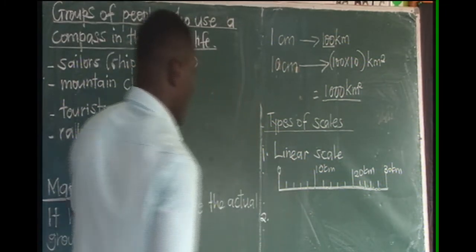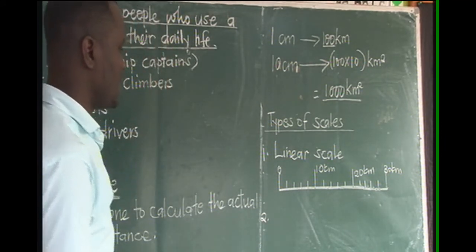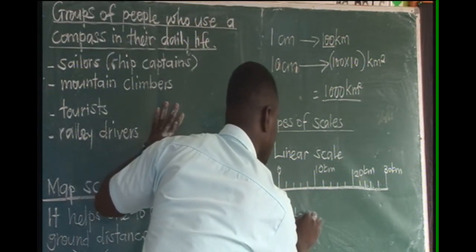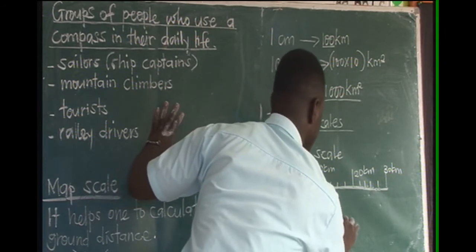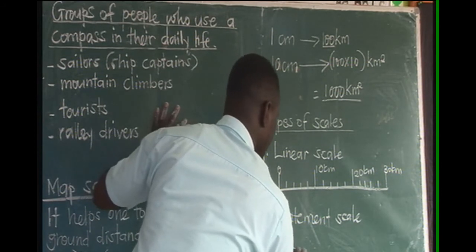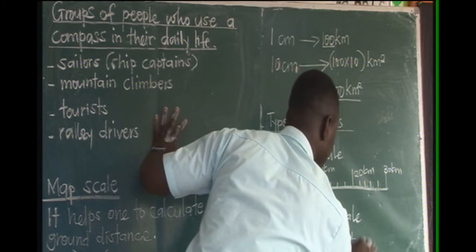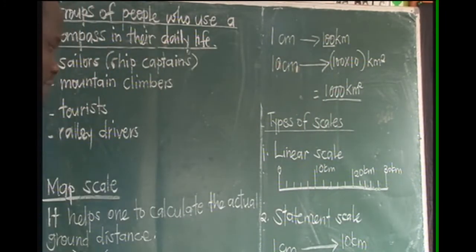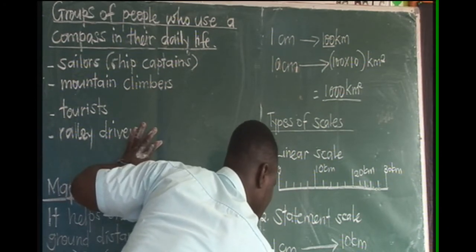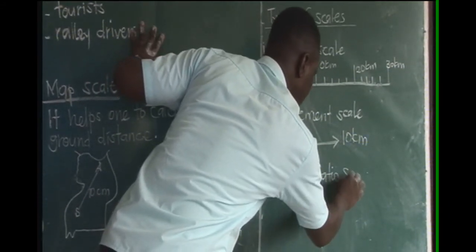Then the other one, we were representing what we call the statement scale. A statement scale is to explain, like you can say, a statement scale, which can read like 1 centimeter representing maybe 10 kilometers. This is a statement. And finally, we shall be having what we call fraction scale, that we can also call the ratio scale.